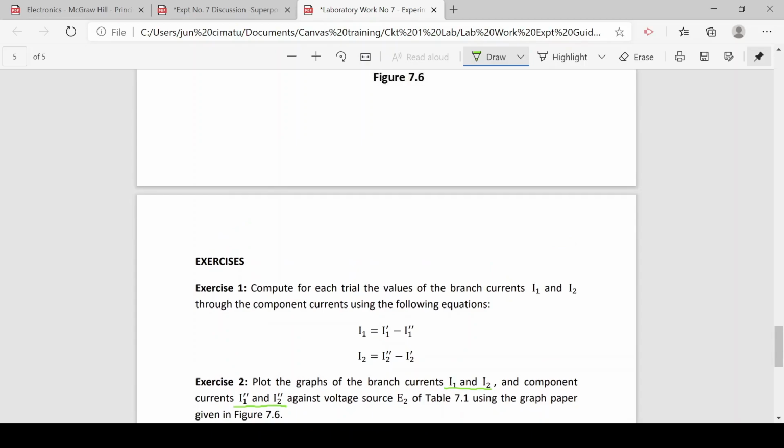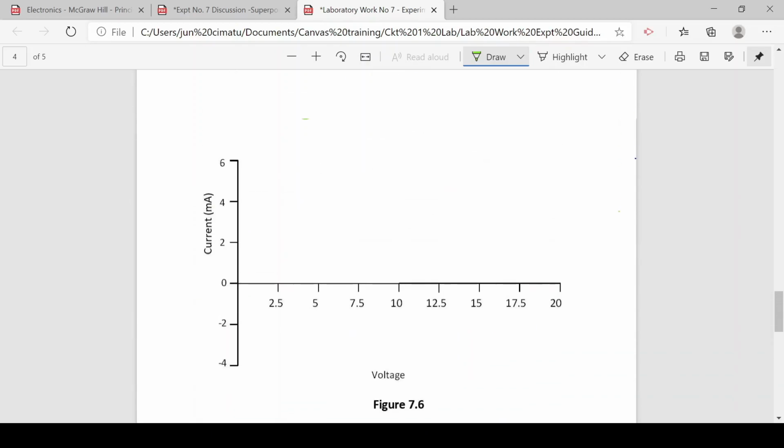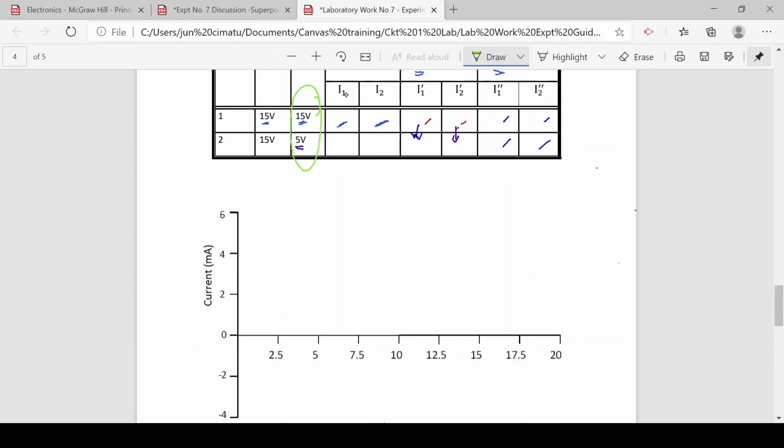The branch currents. Here is the branch current. At 15 volts, we expect that I sub 1, say, would be 1. At 5 volts, we expect that the current would increase, say 2.